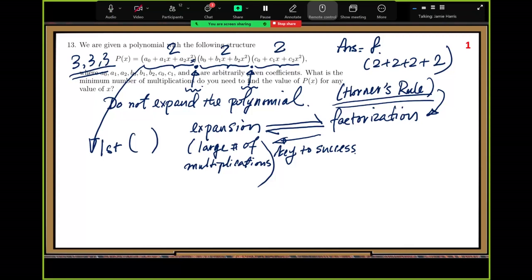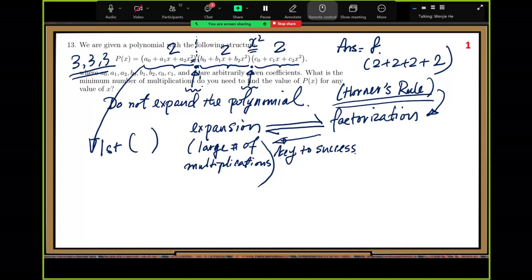If you do that outside of the parentheses, we only look at inside the parentheses; outside we do later. Outside you do 2. Inside you do 2, assuming you already have x squared. Now I understand. So we already have x squared.